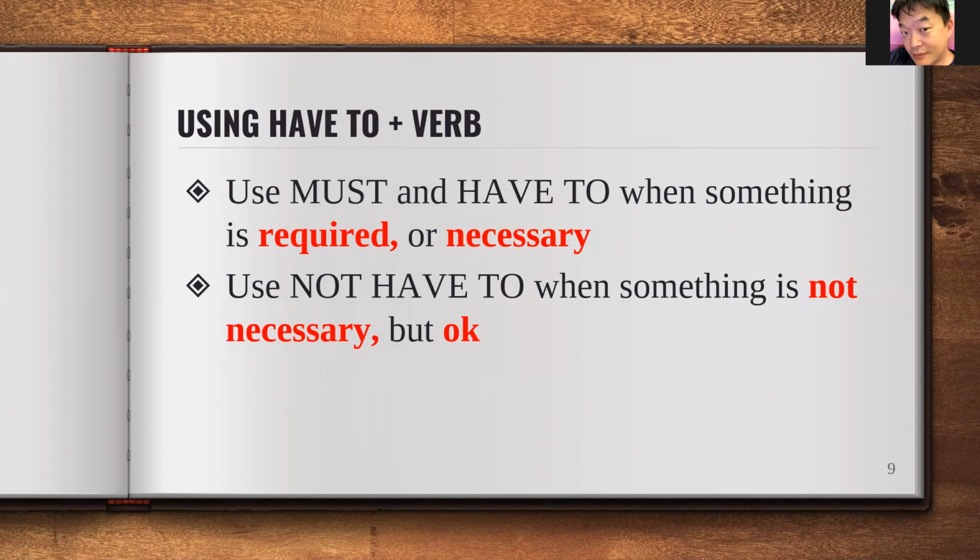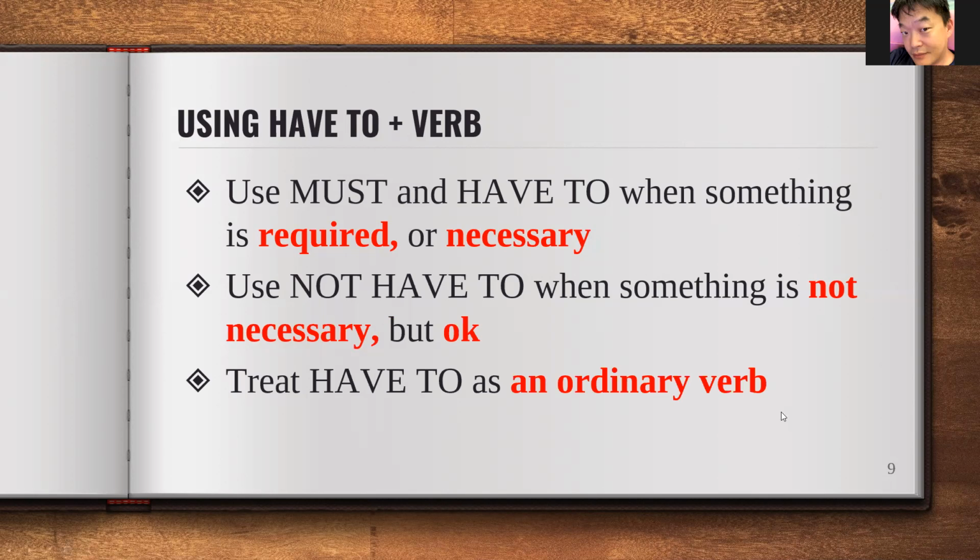The most important thing is also that you understand the different meaning when it's the negative. And also you have to remember, you have to treat have to as an ordinary verb. What do I mean by that? It's an ordinary verb. So what does it mean?